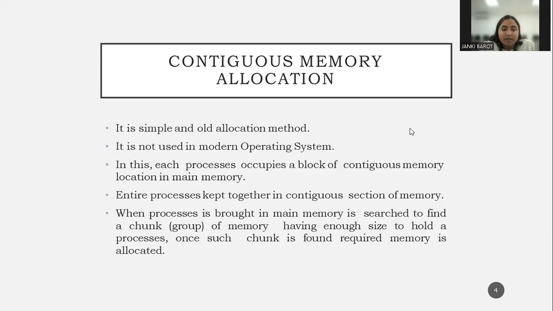When a process is brought into main memory, memory is searched to find a chunk or group of memory which has enough size to hold that process, because if the process requires more size for the execution, we need to allocate that type of chunk to the process.